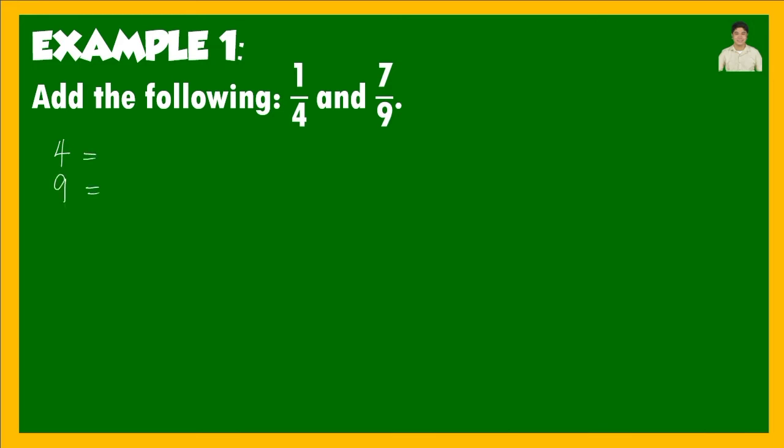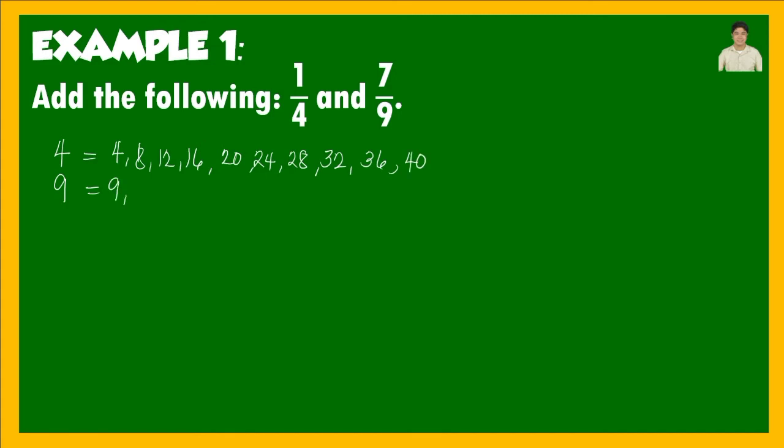So 4 muna. 4, 8, 12, 16, 20, 24, 28, 32, 36, 40. So, yan muna. Next, what about 9?